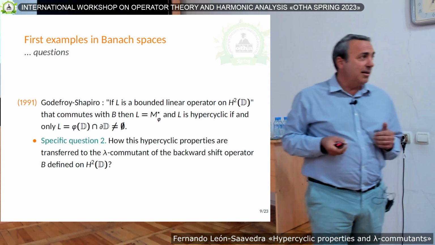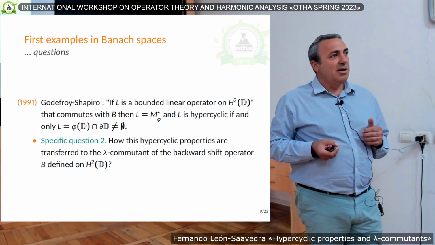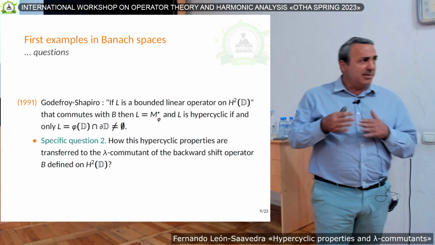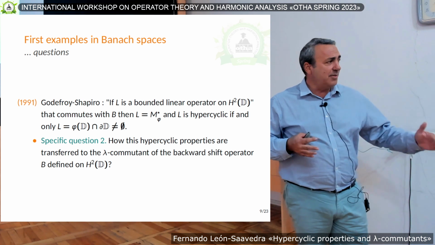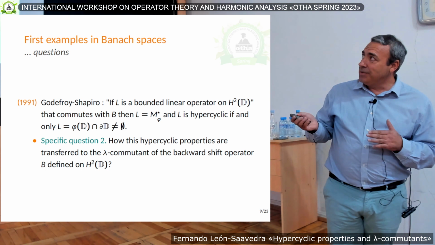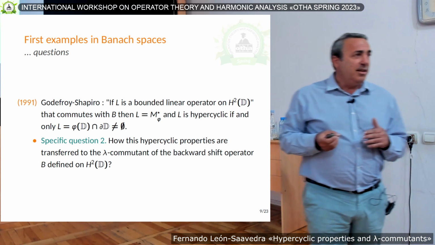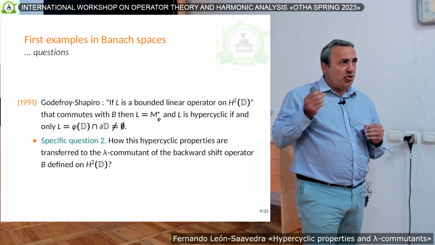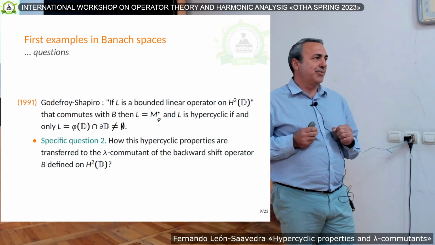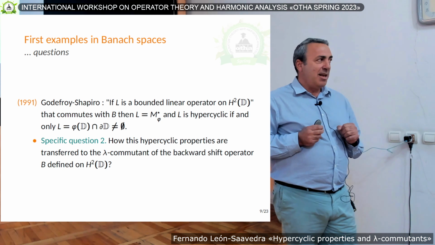Again, in the same paper of Godefroy and Shapiro we can see a characterization of how hypercyclicity of the backward shift is transferred to the commutant. The commutant of the backward shift operator is just the adjoint of any analytic Toeplitz operator. Okay?